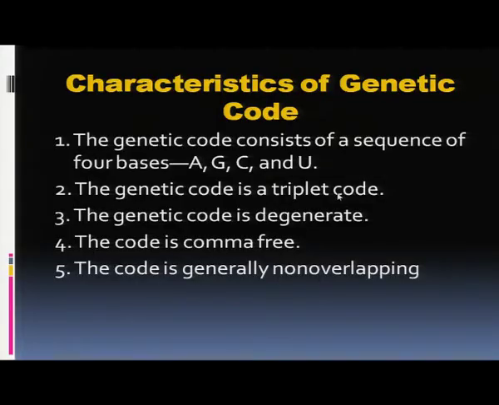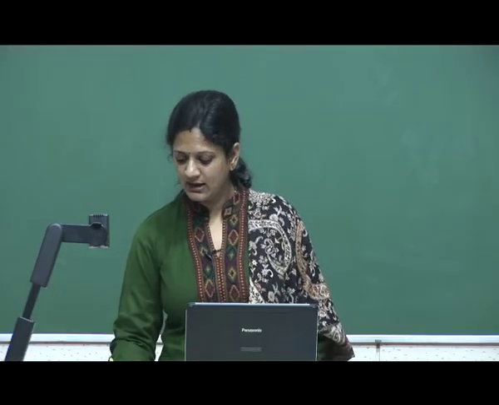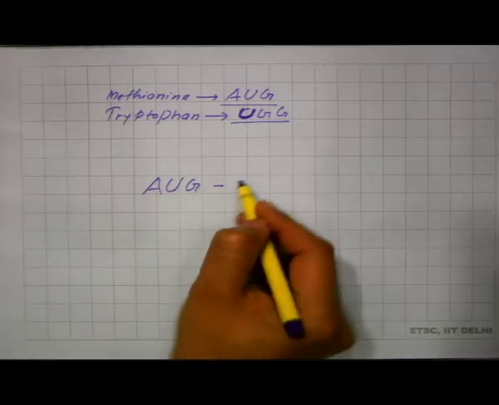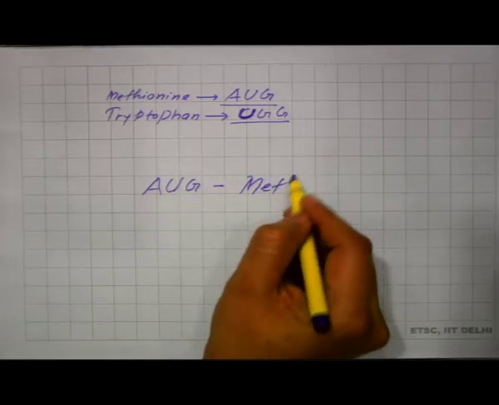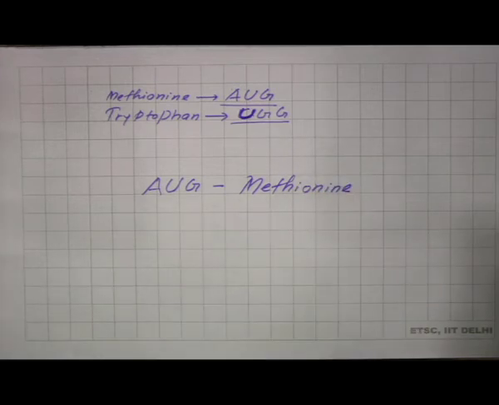The next feature of genetic code is that it is non-overlapping. Non-overlapping means one codon will code for one amino acid. That means, if AUG is coding for methionine, it cannot code for any other amino acid.